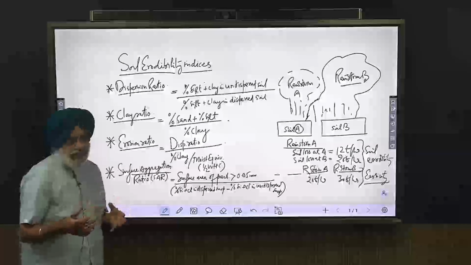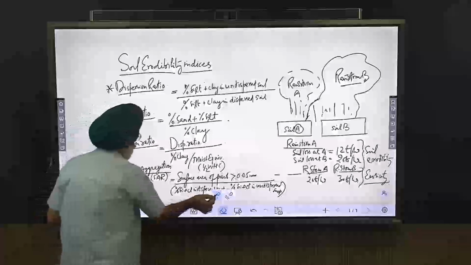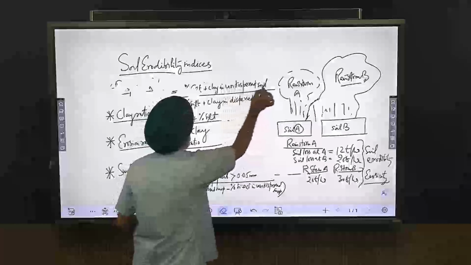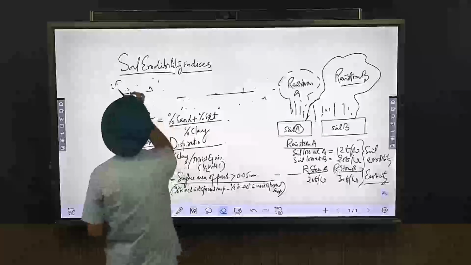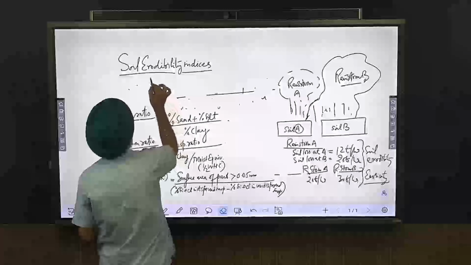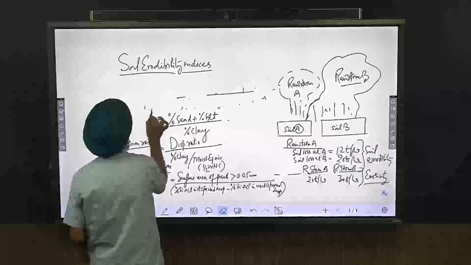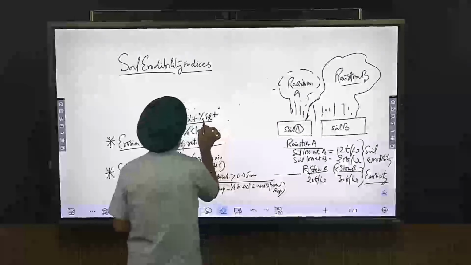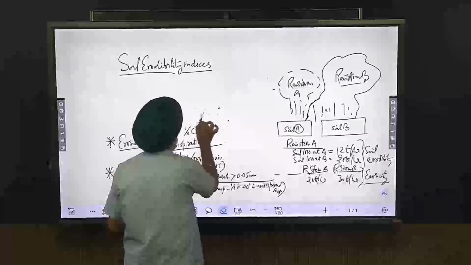To take care of this, Ratan Lal, while working in Nigeria, gave an index called erosion index. He tried to simulate the actual field conditions. How? That we will discuss just now.